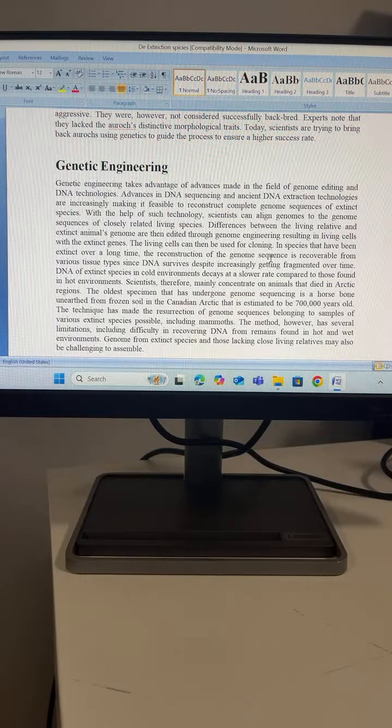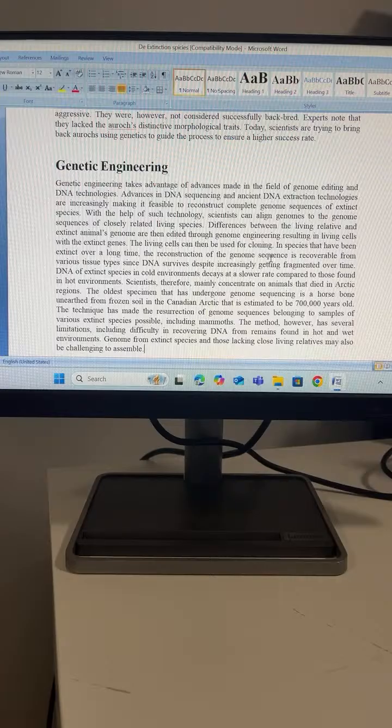This technique [dated the sample] to be 7 lakh years old.